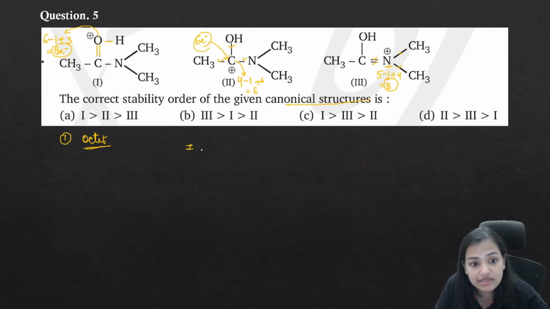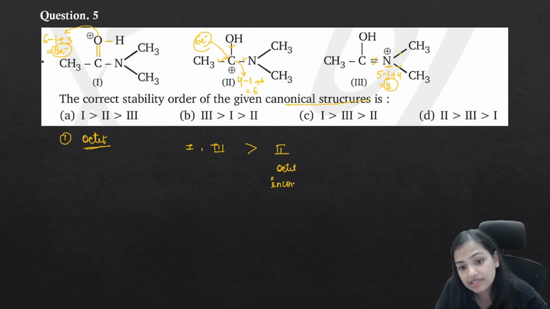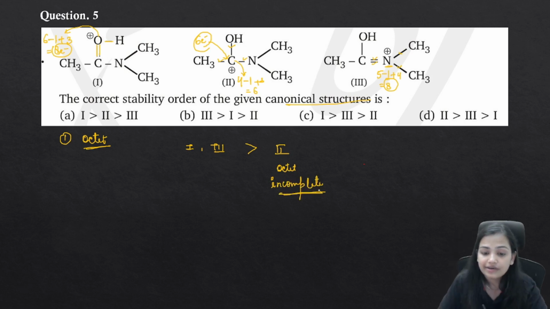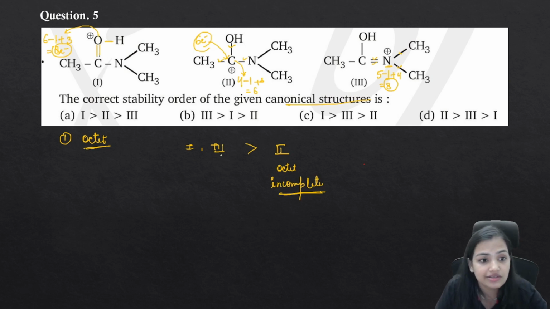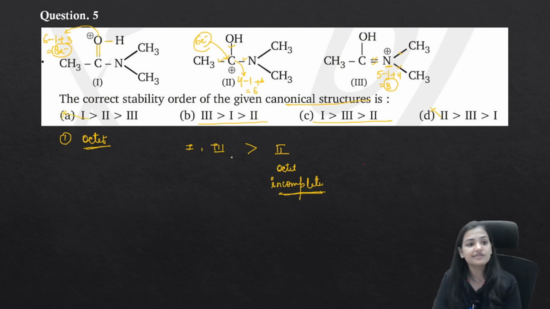So the first and third are a bit more stable than the second because the octet is incomplete. Second can never be stable. So my answer could be either B or C. A can never be the answer, D can never be the answer. Let's compare between the first and third.